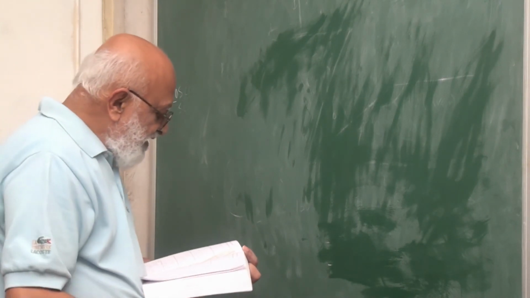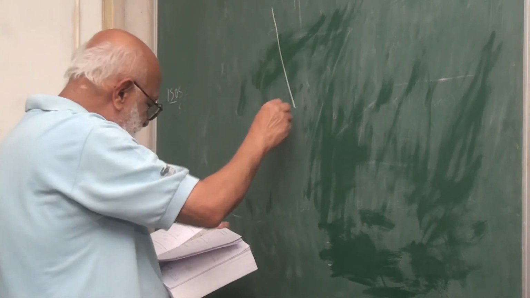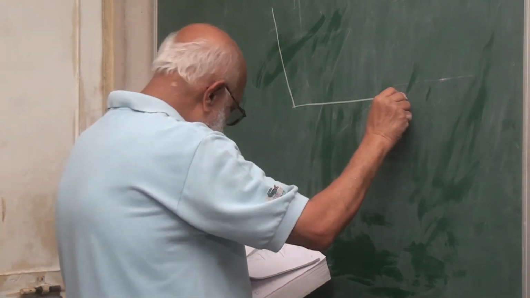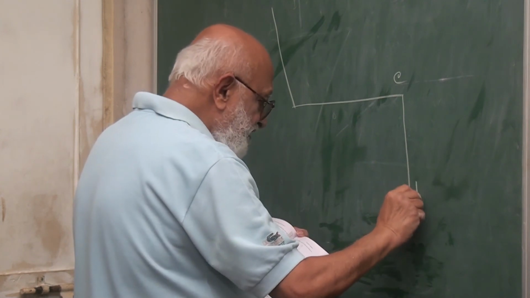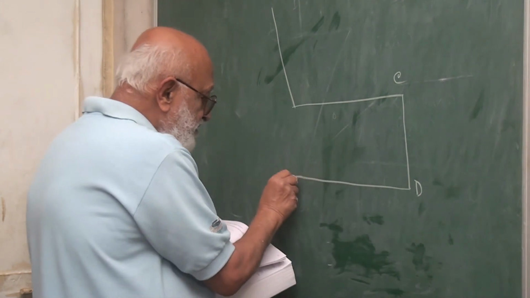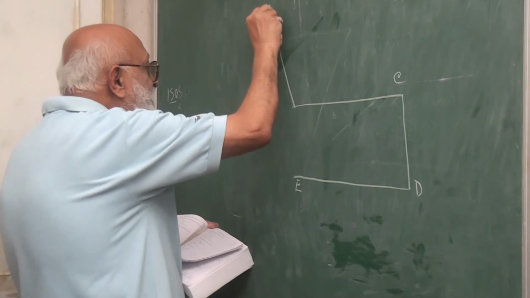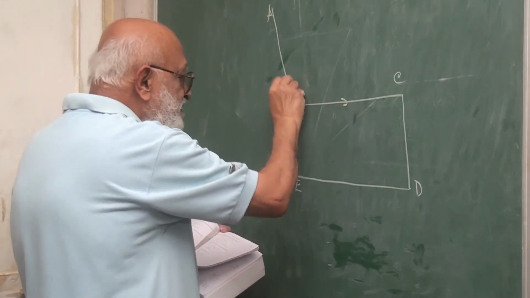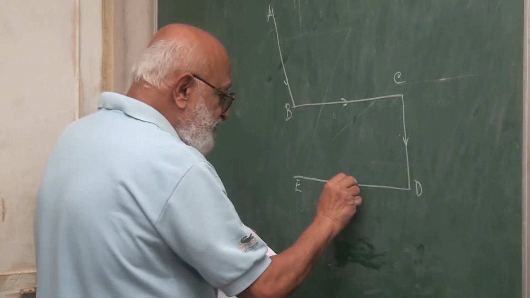Okay, again this one is very interesting and very easy. So A to B, it will take more time to draw it than the other way around. B to C, C to D and D to E. So this is A to B, B to C, and this to this.